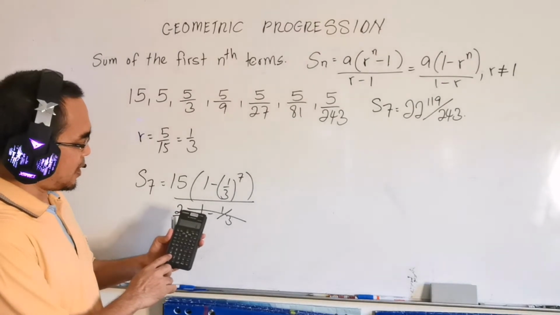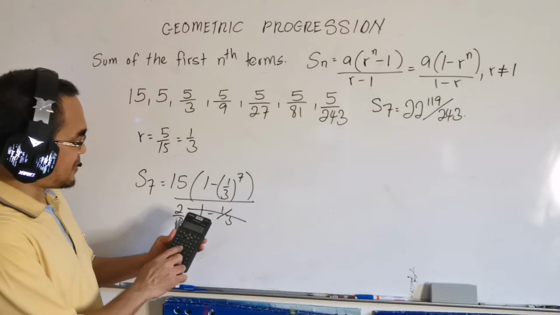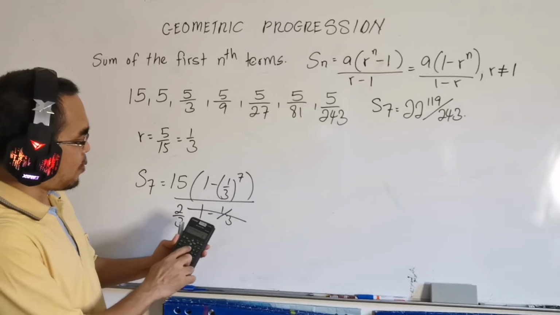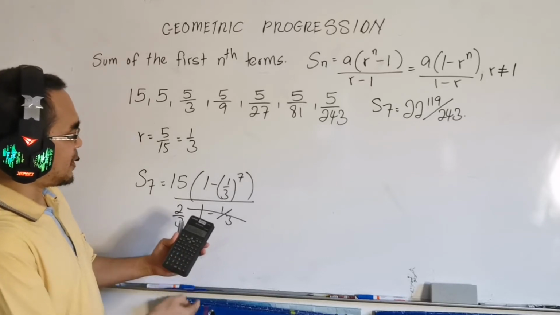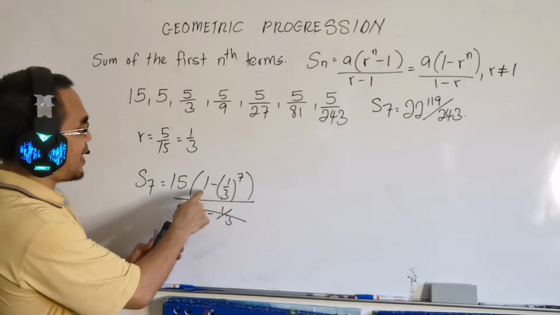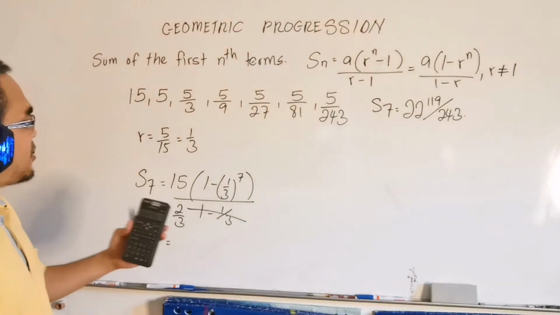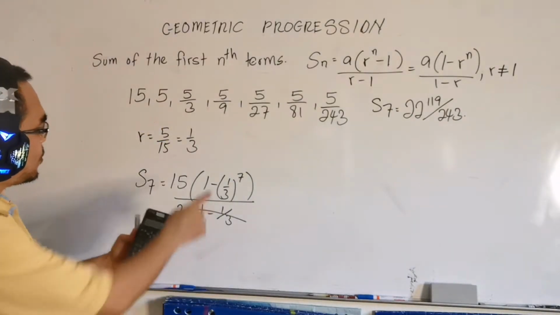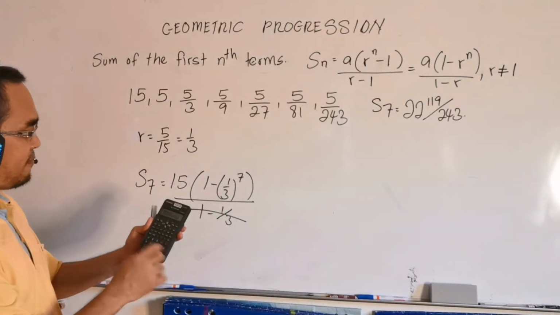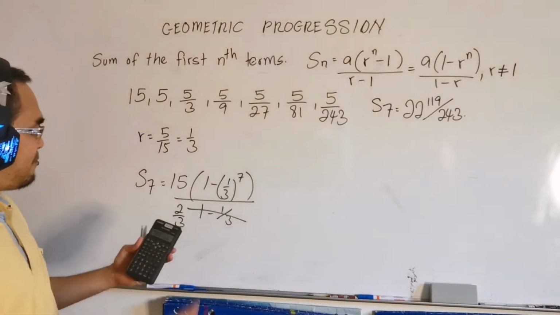If we write 1 minus, inside a bracket, 1/3 to the power of 7, the calculator will calculate 1/3 to the power of 7 first, then 1 minus the answer. You don't have to change to a fraction yet. Whatever the answer, multiply by 15. So you get 14.99 something. Do not simplify that.